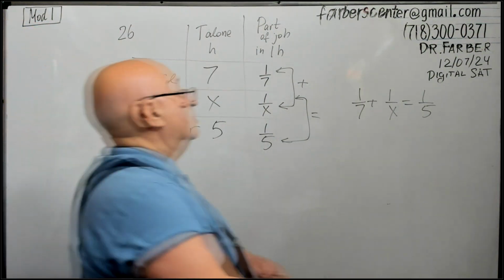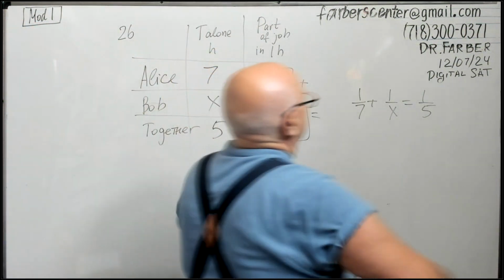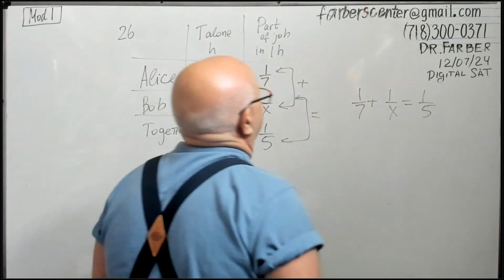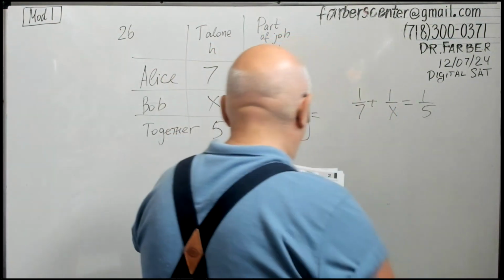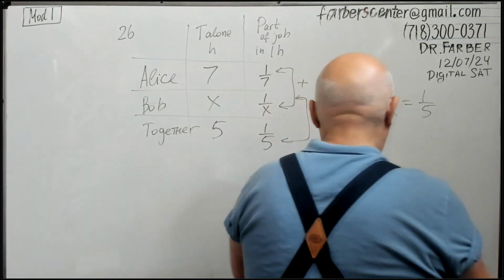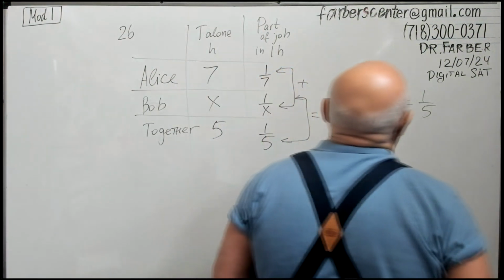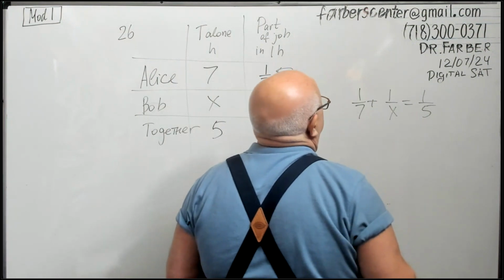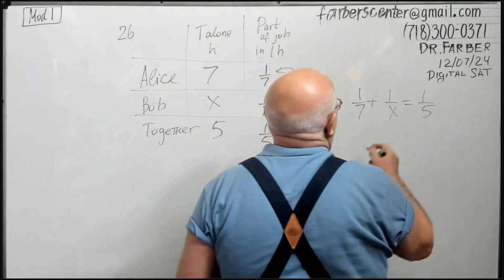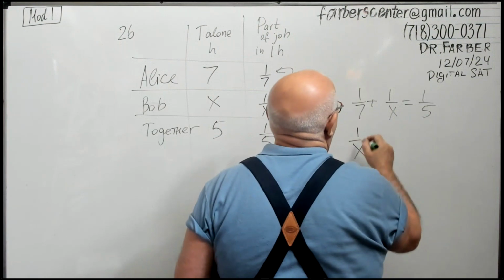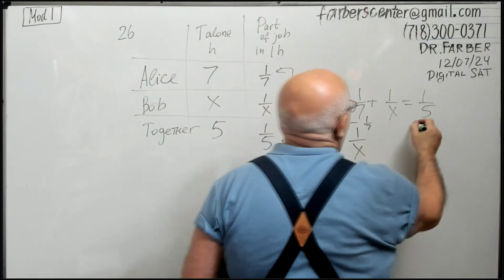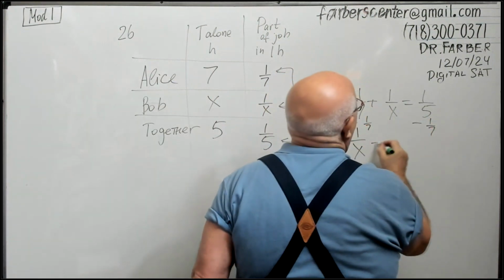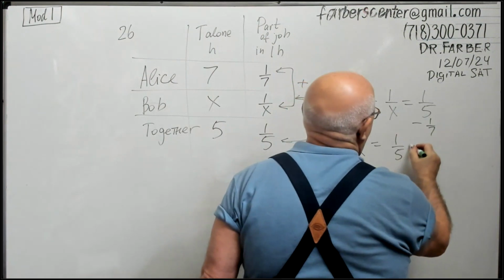How to solve this problem? One of these you can multiply by 35, for instance, right? Or use the LCD for this whole stuff. For instance, 1/x minus 1/7 equals 1/5 minus 1/7.